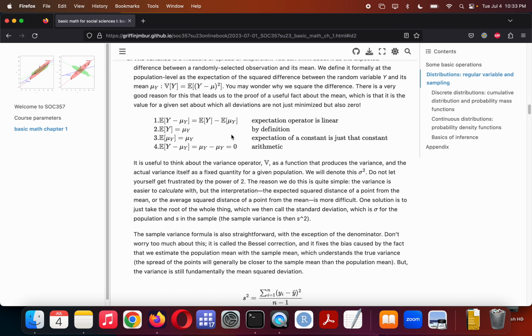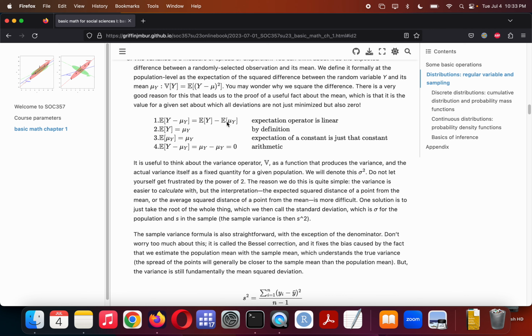And I'll show you a quick proof of that. So the expectation operator, this boldface E here, is basically an average. So it is also linear, just like the average is a linear function. So the expectation of y minus its mean, mu y, can be split up into the expectation or average of y and the expectation of mu y.